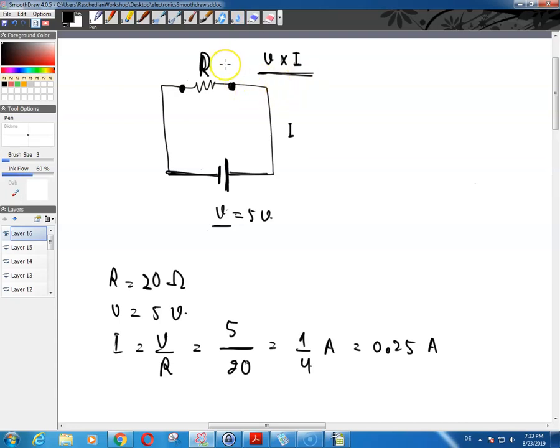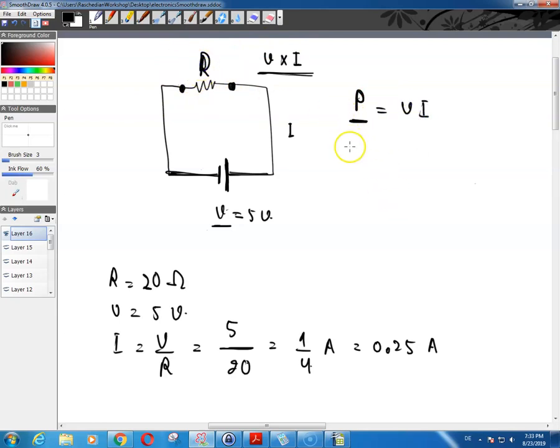But if you want to calculate the amount of work being done on this resistor, which is called P, standing for whatever that is, we will get to that, which is indicative of the amount of work being done in the resistor in the form of heat, that is equal to VI.